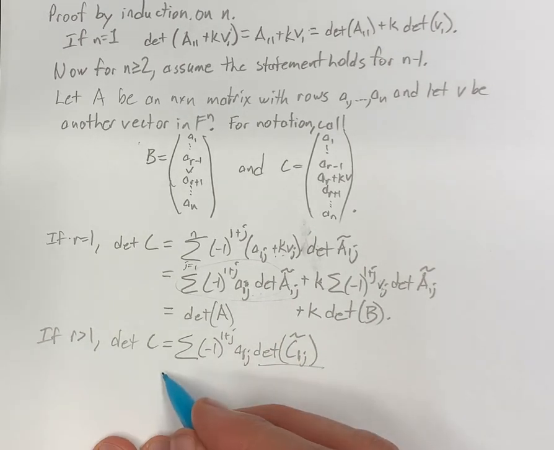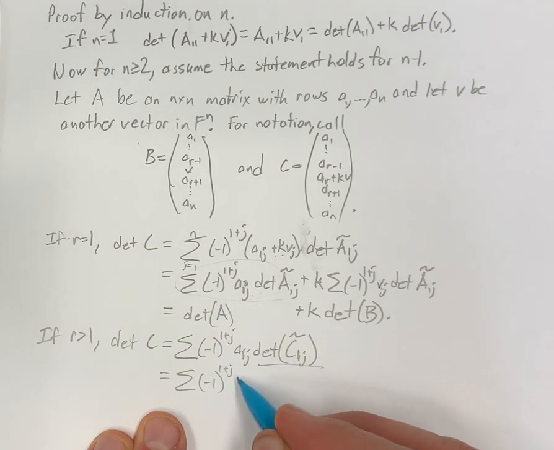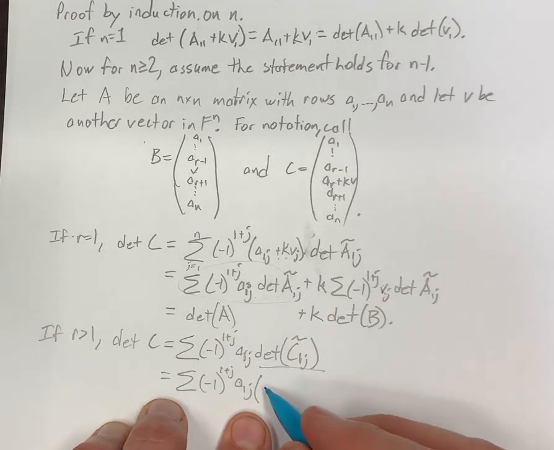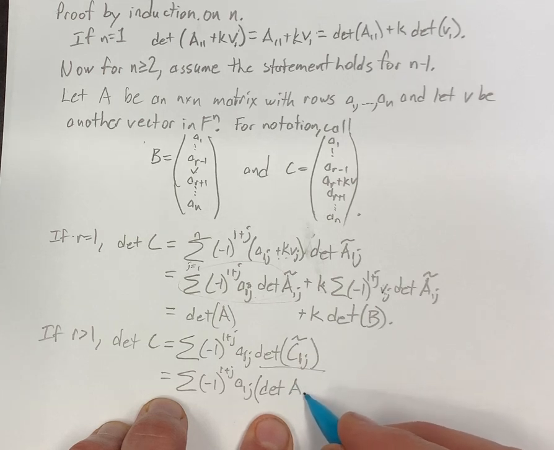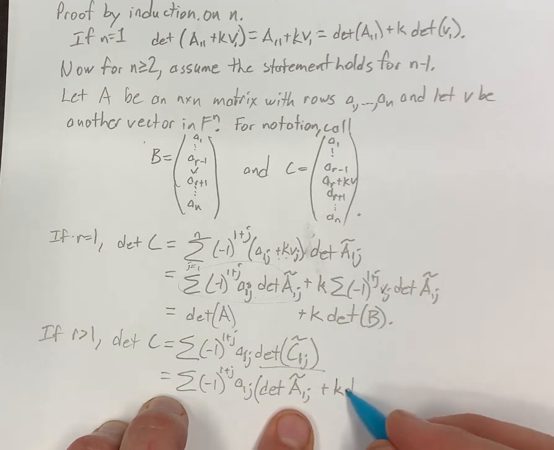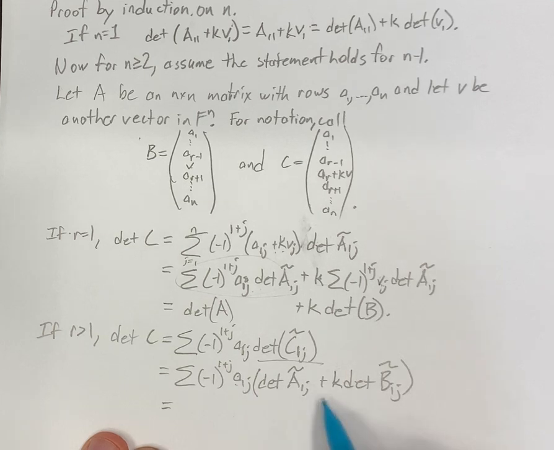So that equals the sum of (-1)^(1+j) a1j, and then remember, we just made the inductive claim that that's the determinant of the A1j minor plus k times the determinant of the B1j minor, right? And so, of course, you could split this up.